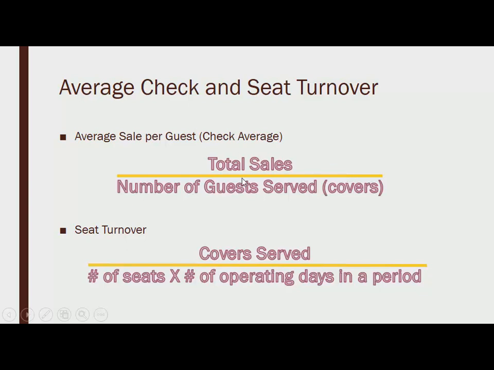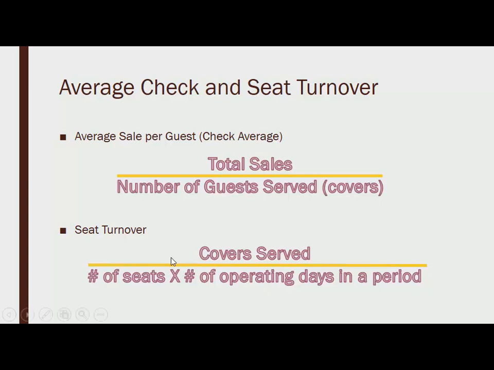This really gives us a per unit, an individual sale per guest, which may sometimes be more telling, may give us more in-depth knowledge of how we're doing on a per guest basis. Because sure, our revenues overall may have gone up, but did our check average go up? We want to make sure that check average is also going up. And if it went down, what's going wrong?